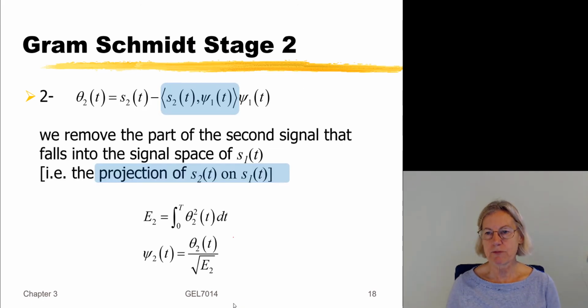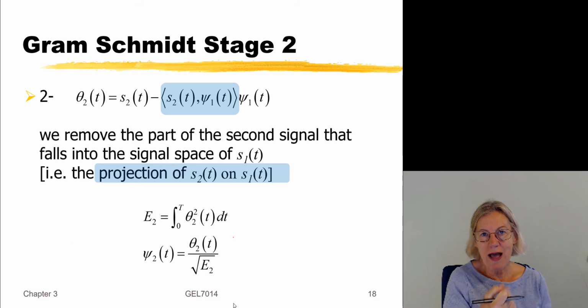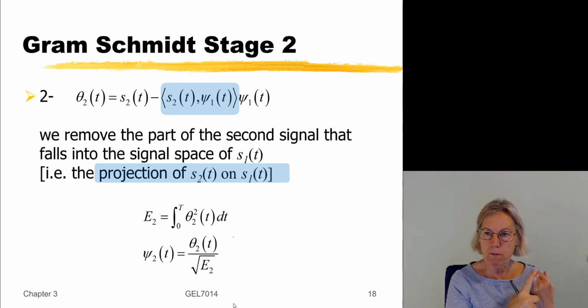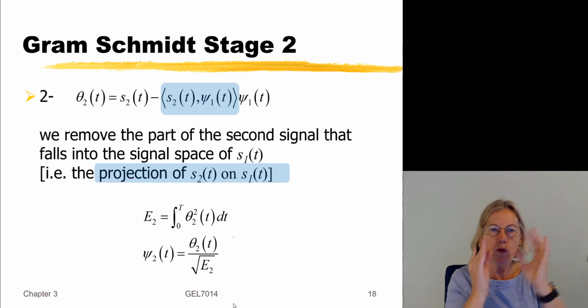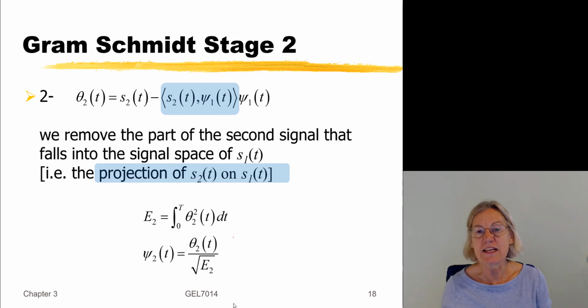Now we go on to step two. In step two, I take the next symbol, and I use it as my core that lets me get the next basis vector. So what have I got? I've got basis vector number one already, and then I take my second symbol. I ask how much of this new symbol I can represent with the basis vector I've already created.